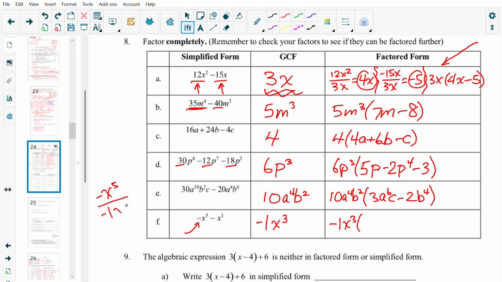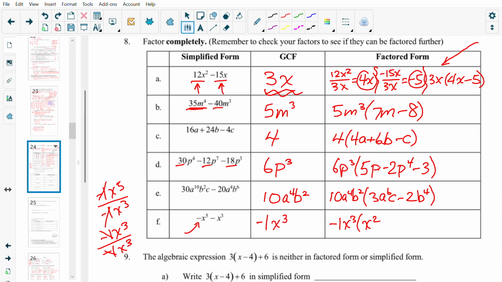First term, this one. Let's write it out. This one's a tricky one. That's like a negative 1 out in front. That's going to be a positive 1. And x to the fifth divided by x to the third, that's x squared. And then the next one, negative 1x cubed divided by negative 1x cubed.